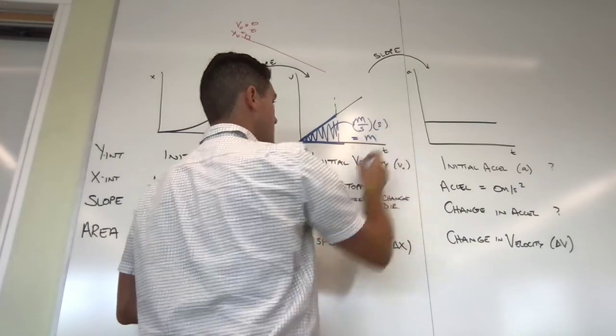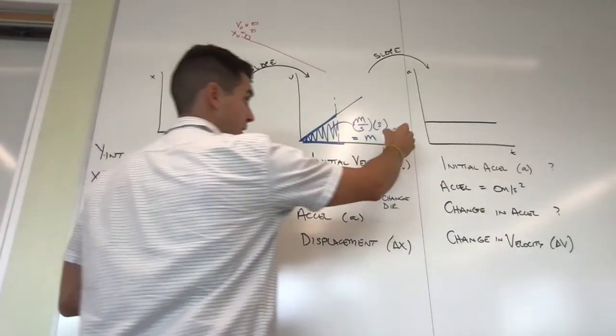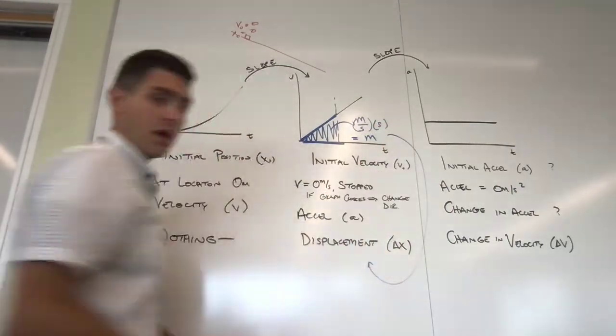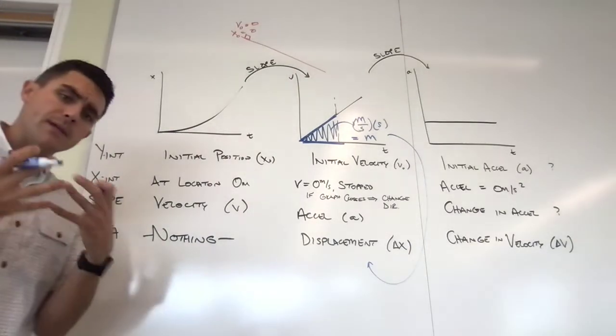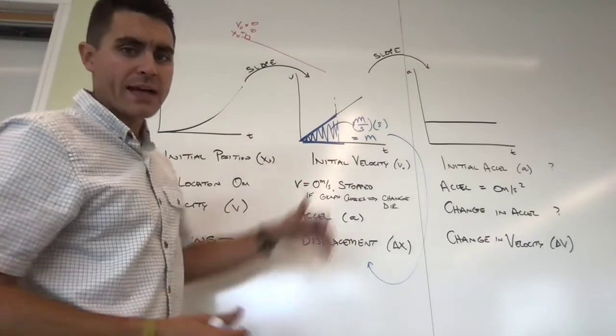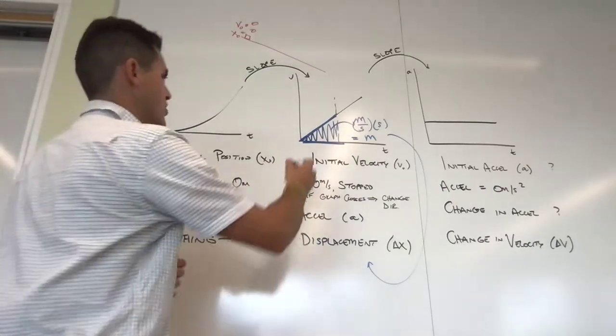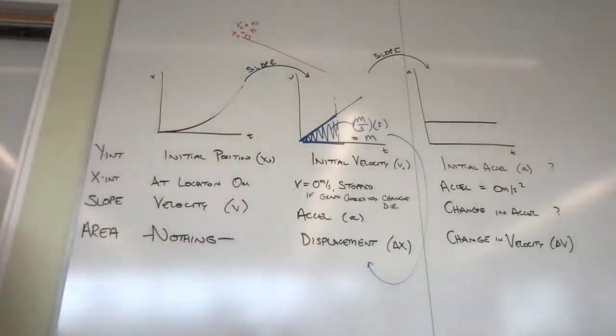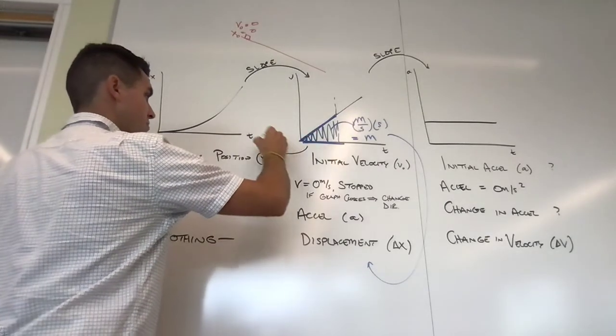It gives us meters. It is actually telling us what the displacement of an object is. I can use the area of this graph, bound by the function and the time axis, to tell me the displacement. It actually will help me to learn more about this graph.